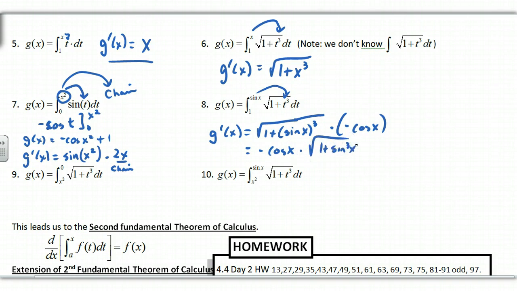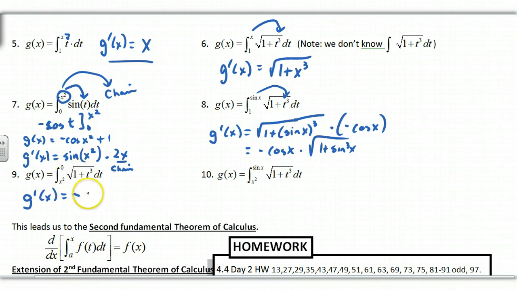There you go. Now, what happens if this thing's in the lower limit? Well, if we did this the long way, we would have the 0 plugged in first and then the x squared plugged in second. Since it's plugged in second, we'd be subtracting. So what's that going to do? Well, g prime of x is going to be equal to, anybody know? Negative.